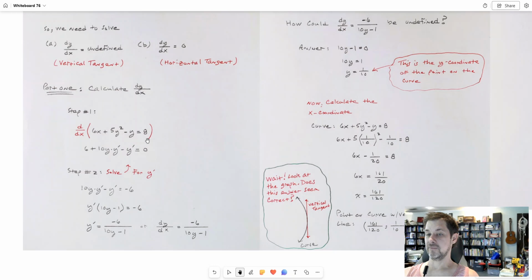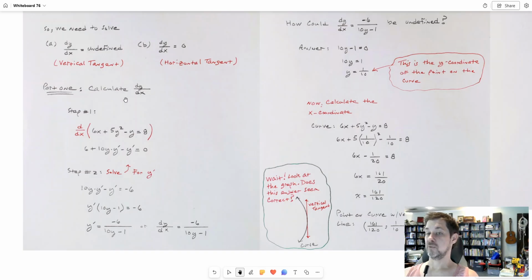The derivative of 6x is 6. Carry down the plus. The derivative of 5y squared is 10y, but then times y prime. The derivative of negative y is negative 1, but then times y prime. And 8 is a constant, so its derivative is 0. So there's my equation that introduces y prime, or dy over dx, into my work.